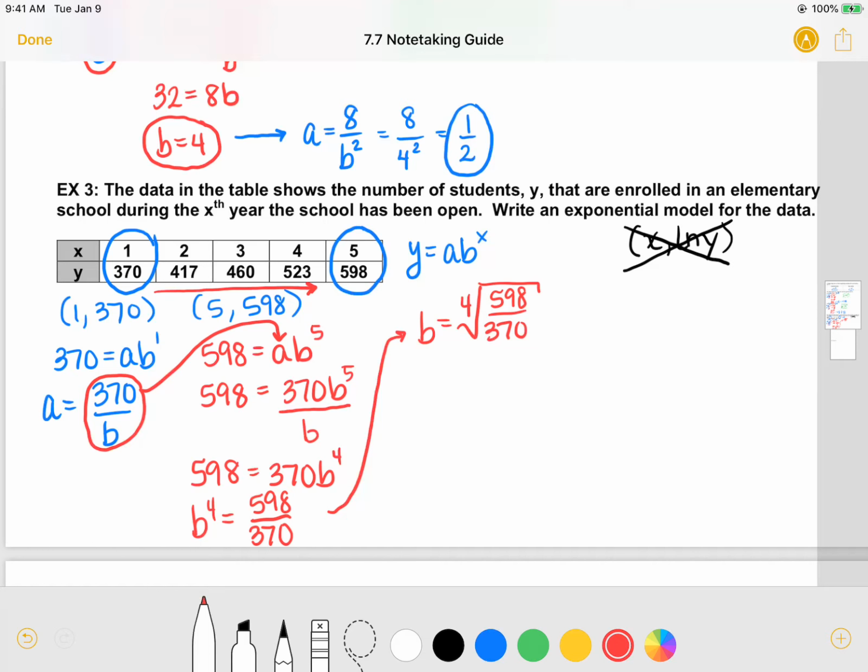So grab your calculator and carefully plug in the fourth root of 598 divided by 370, and what you should get is approximately 1.128.